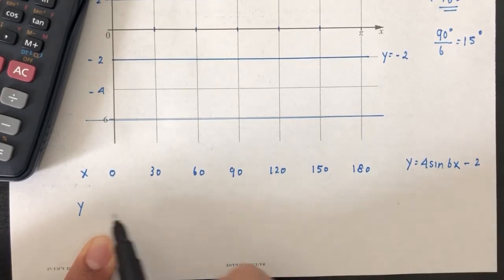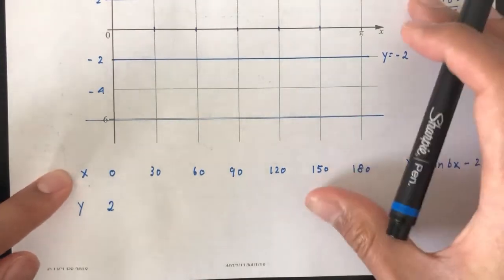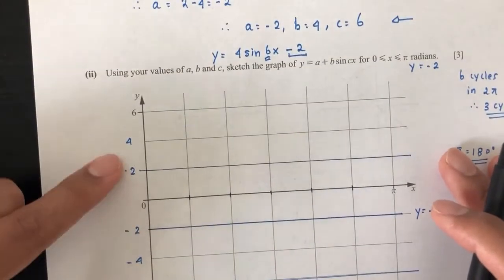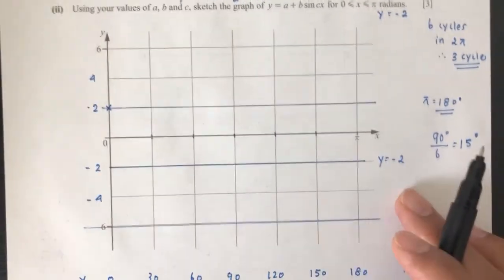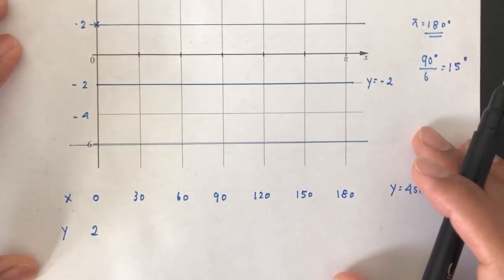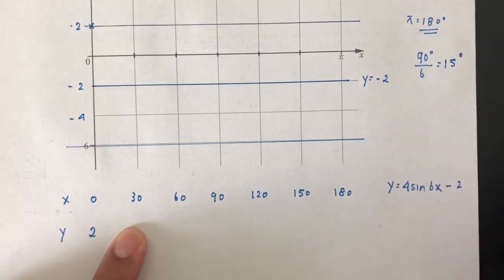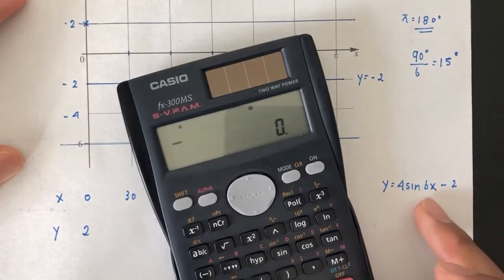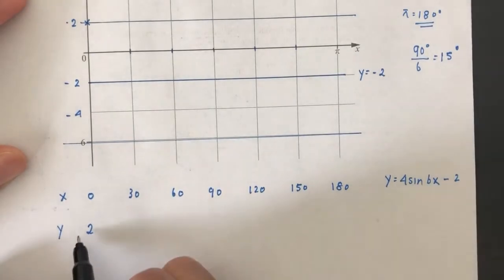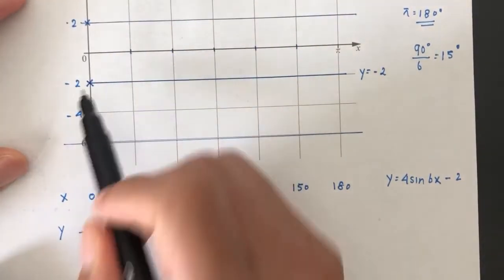So 4 times 0 minus 2, that's minus 2. My fault, because 0 minus 2 should be minus 2. So it should be here, not this one, but this one for minus 2.